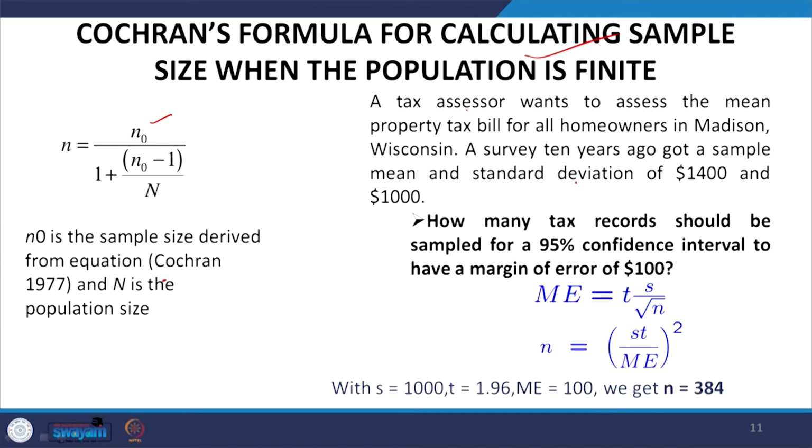The assessor is trying to assess the mean property tax for all home dwellers. So how many tax records should be sampled for a 95% confidence interval with a margin of error of $100?